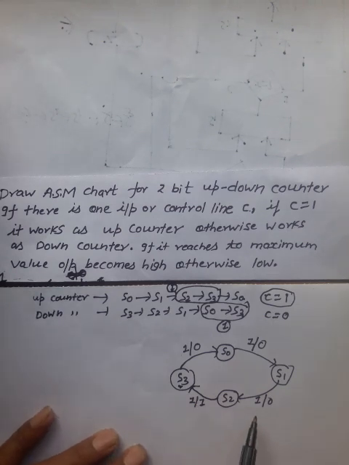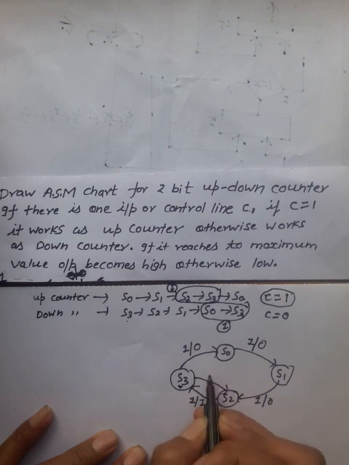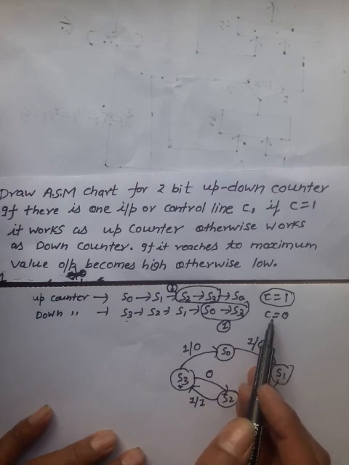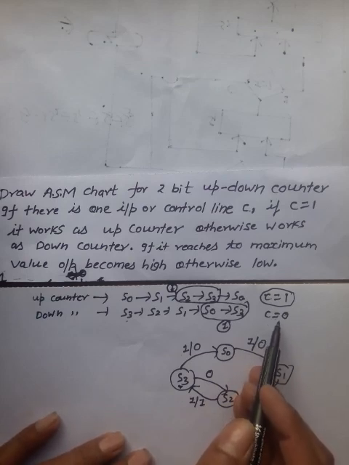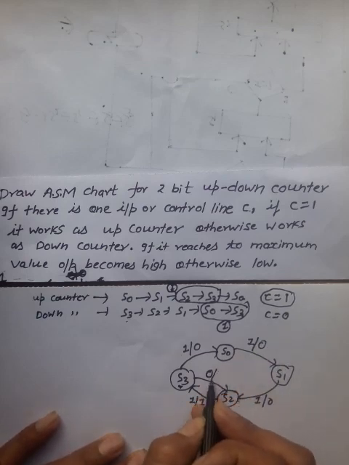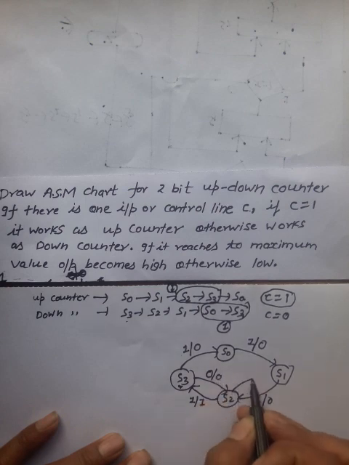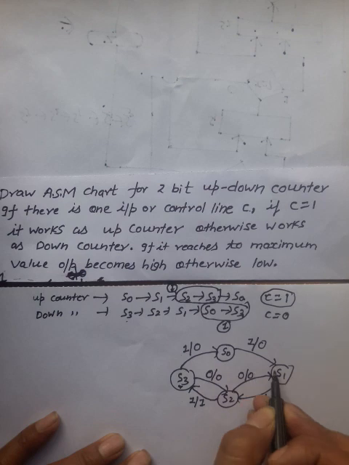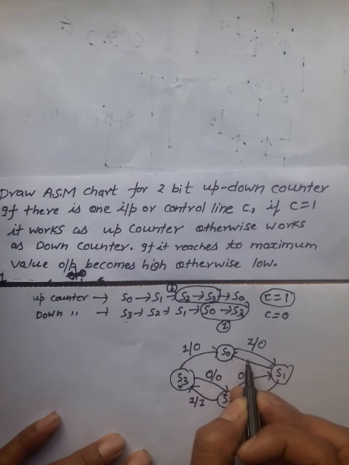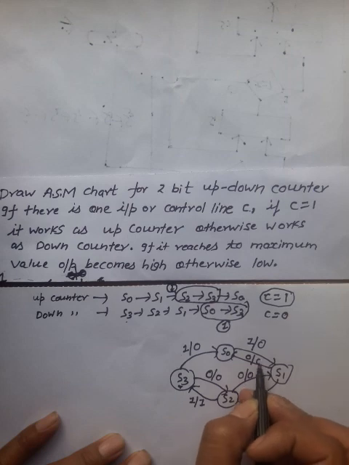For the down counter, S3 to S2 when value of C is 0. Instead of X, I am taking value C. This is the control line, or you can say enable line. Output will be 0 for S3 to S2, 0 for S2 to S1, 0 for S1 to S0.